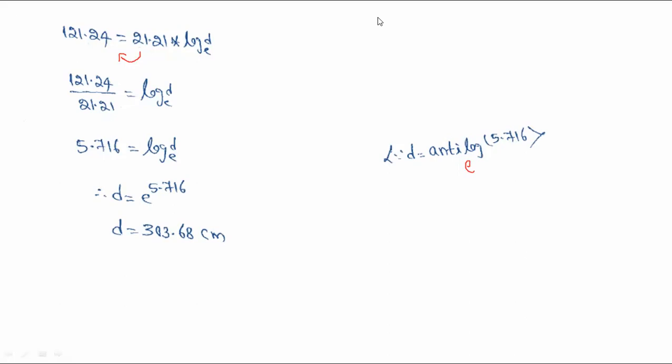Okay. In this class, we discussed problems of corona. Here they are given the values, and you can find out the disruptive critical voltage, and another method. All the data they are given, but they are not given the air density factor or the irregularity factor. You want to find out the spacing of the conductor.